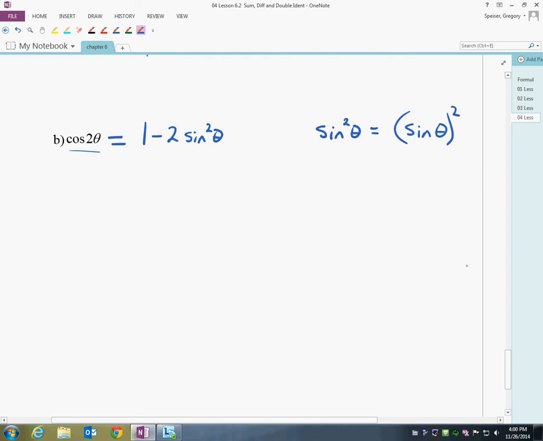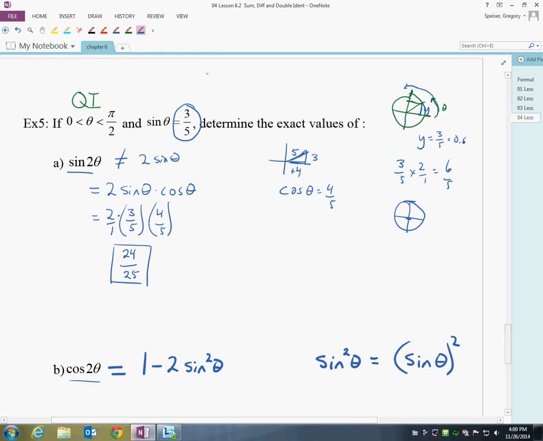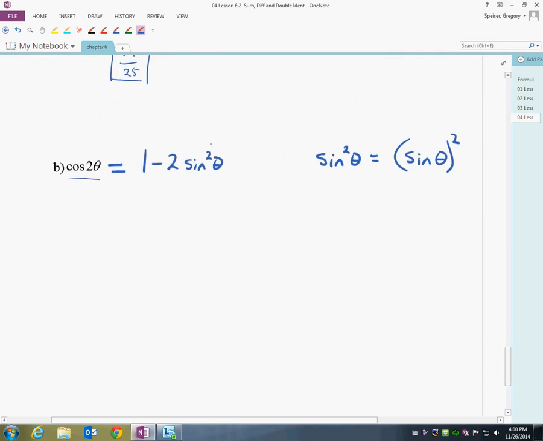So if I know that sine of theta is equal to 3 over 5, then sine squared theta, this part here in 1 minus 2, is going to be equal to 3 over 5 squared, because this is 3 over 5 inside the brackets all squared.